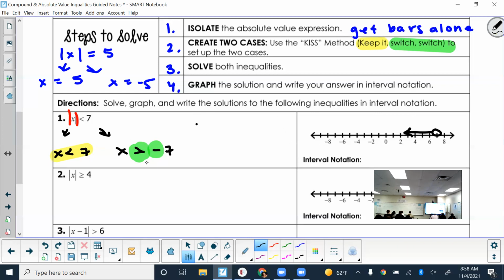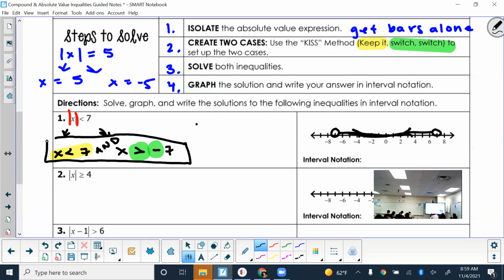What about on the negative 7, open or closed circle? And then it needs to be numbers that are greater than that number, so left or right. And what type of statement is this when they go towards each other? And. Remember, they hold hands, right? So ands hold hands. So if you want to put it in the middle here, this is my solution. Graph and solve. Questions?